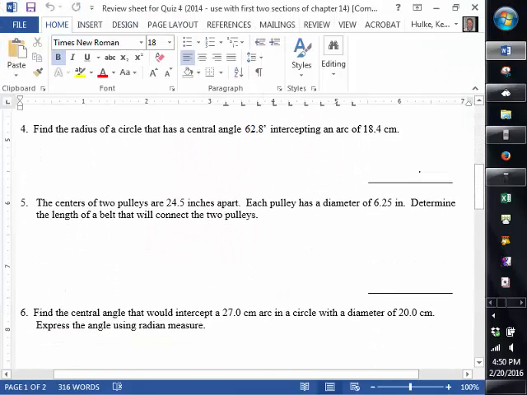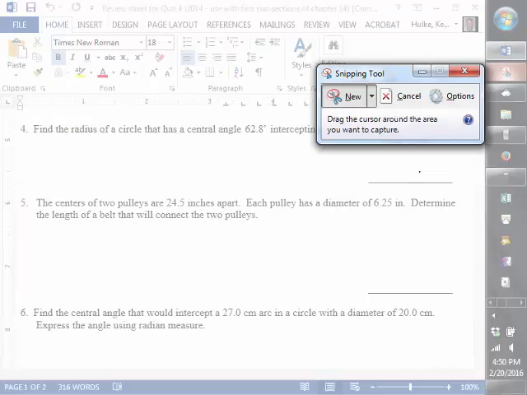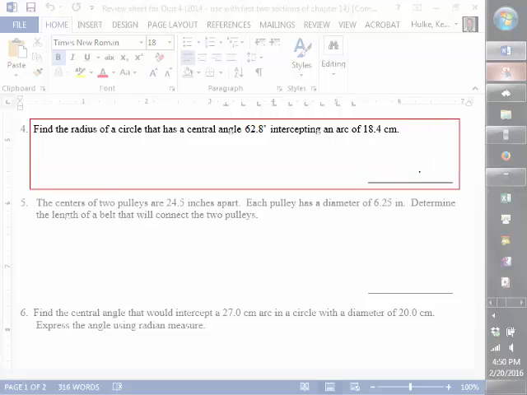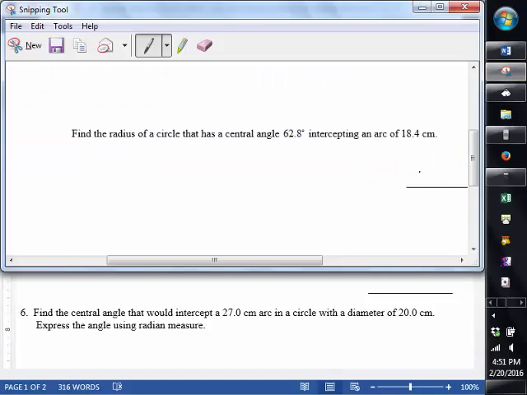Find the radius of a circle that has a central angle of 62.8 degrees intercepting an arc of 18.4 centimeters. Okay, 18.4. Now usually they don't give it to us in degrees.